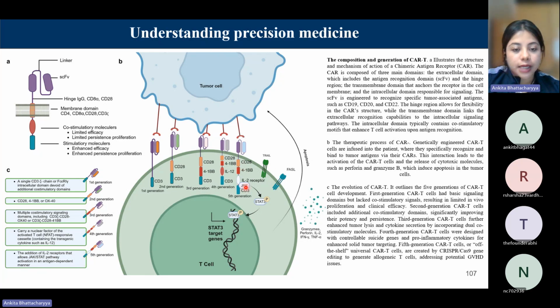Like here you can see, because they have added some IL-2 receptors, which will allow the docking of JAK and then the activation of STAT, and then STAT3 target genes will be phosphorylated, and more and more activation can occur. This is a whole other domain by itself. If we go into CAR T cell therapy, that will take 3-4 classes by themselves, understanding the entire biology of chimeric antigen receptors.